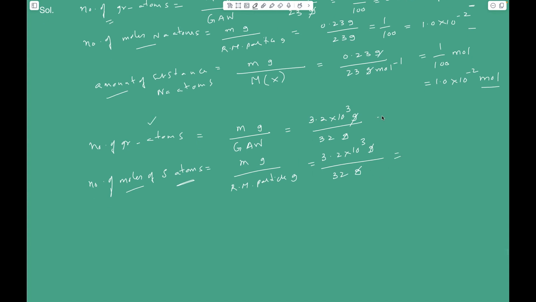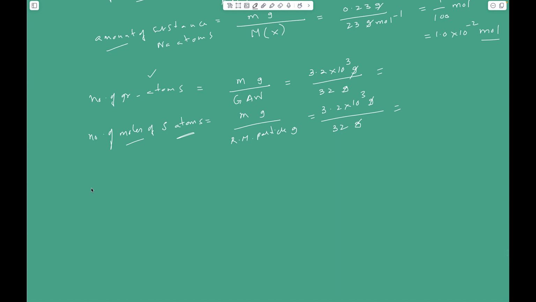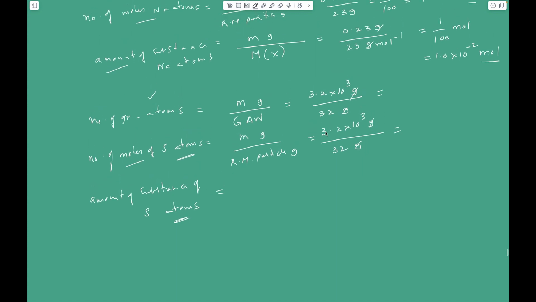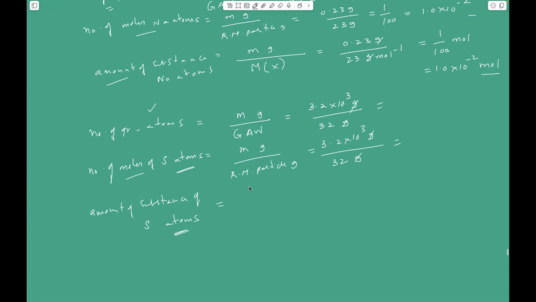You do the simplification. Then how do you get the amount of substance of sulfur atoms? Remember, I am not talking about sulfur molecules, I am talking about sulfur atoms. It is simply mass of the element given in grams over the molar mass of sulfur, sulfur atoms to be precise. The mass of sulfur given is 3.2 into 10 to the power of 3 grams.